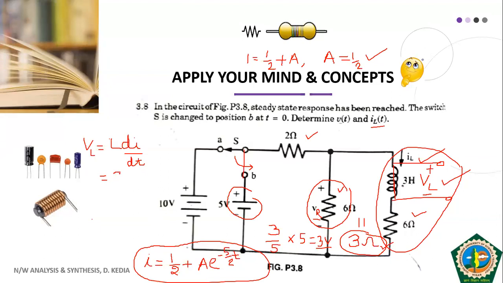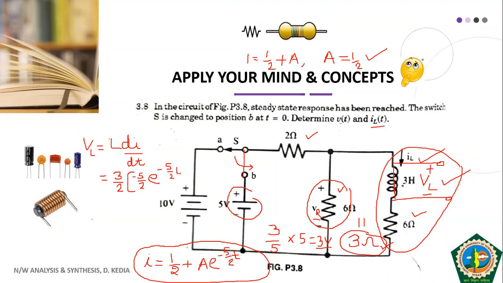So L is 3. So we'll have VL is equal to 3 by 2. Within brackets, we'll have 1 plus e raised to power minus 5 by 2t, and 1 differentiated will give us 0. So you'll have minus 5 by 2. Okay. And then e raised to power minus 5 by 2t.